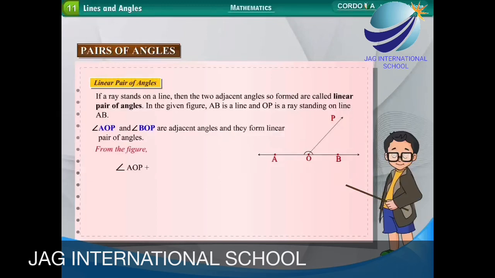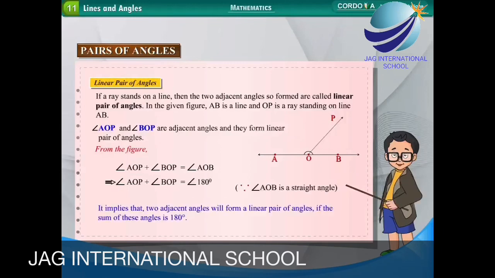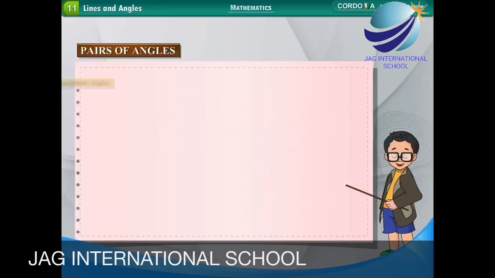From the figure, angle AOP plus angle BOP is equal to angle AOB. This implies angle AOP plus angle BOP is equal to 180 degree. Since angle AOB is a straight angle, it implies that two adjacent angles will form a linear pair of angles if the sum of these angles is 180 degree.